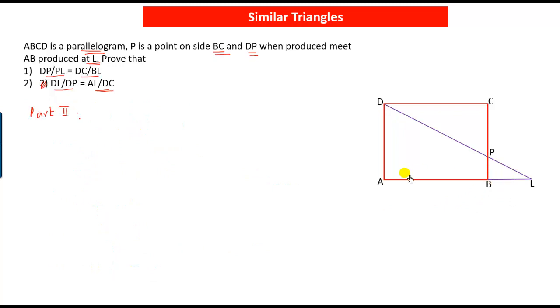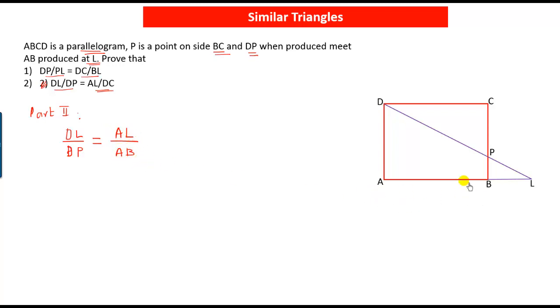Now here once again PB is parallel to AD, and therefore by the corollary of the basic proportionality theorem we can say that DL upon DP is equal to AL upon AB.